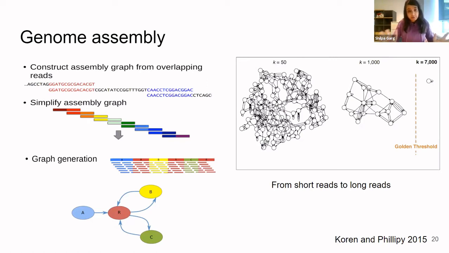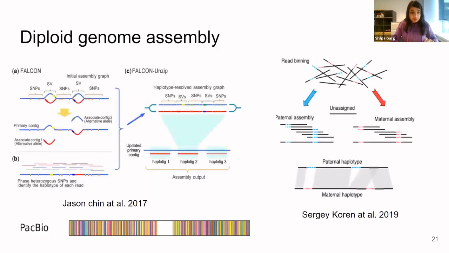But in these approaches, the main limitation was that we get collapsed haplotypes, that is, the two haplotypes are merged together to produce only one consensus sequence. But for human genomes, we actually want two haplotypes. So there has been some work related to diploid genome assembly, for example, Falcon Unzip and Trio Canu.